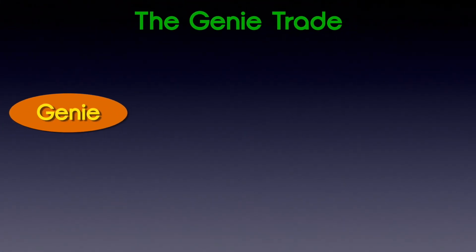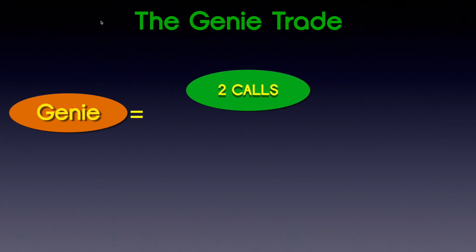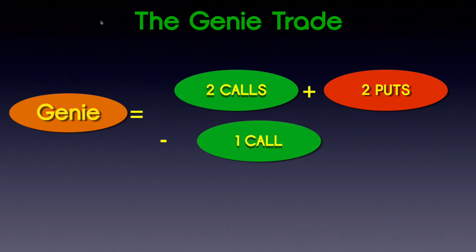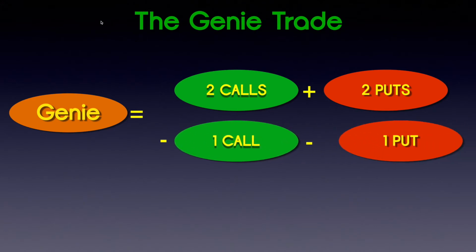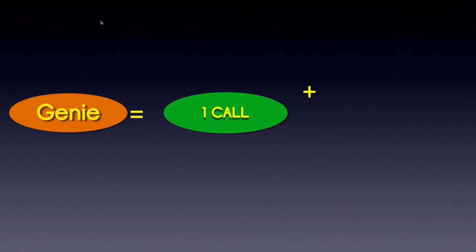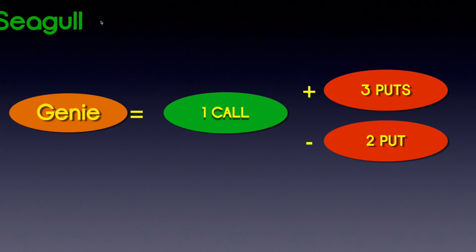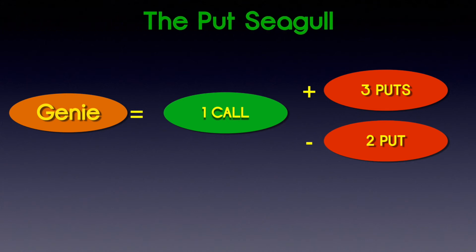Here we have our Genie, which is, as I said, 2 long calls, 2 long puts, 1 short call, and 1 short put. The Genie, however, is the same as 1 long call, 3 long puts, and 2 short puts, except that this time we call it the put Seagull.